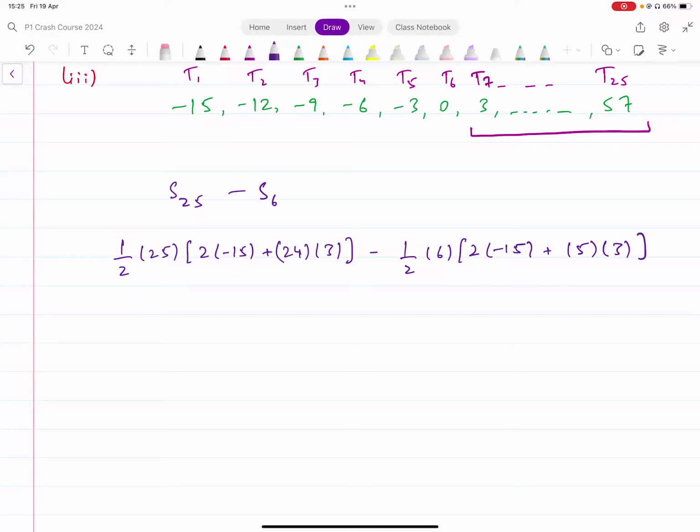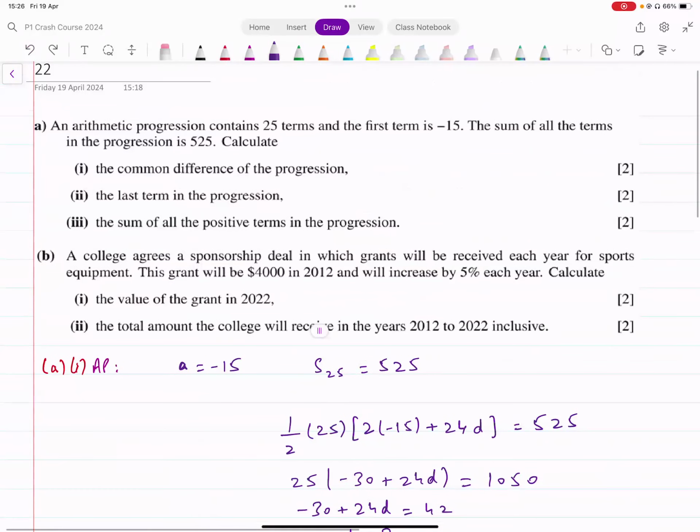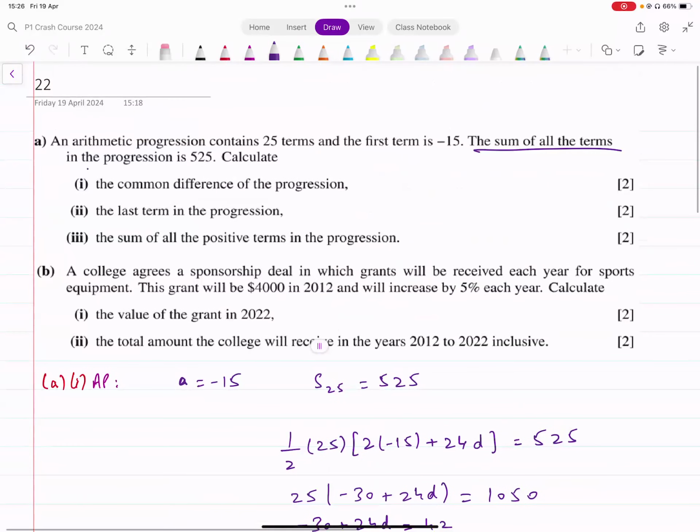What do we get from this? I'm getting 570. 525. Well, by the way, you could actually save your work because the question tells you the sum of all the terms is 525. You already know that.